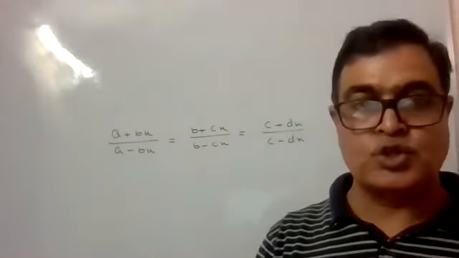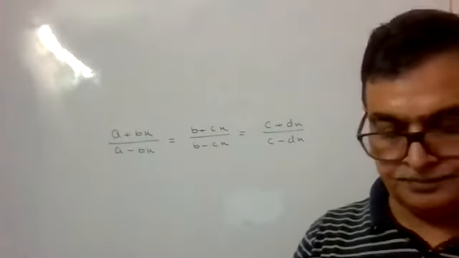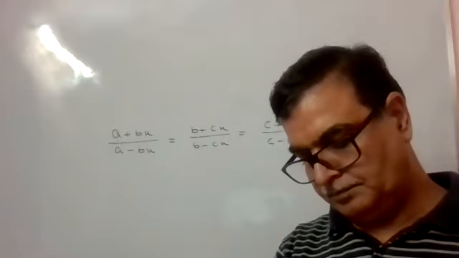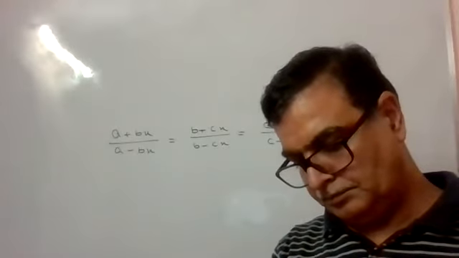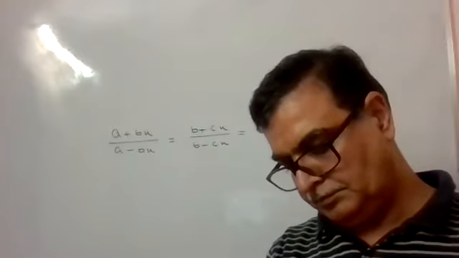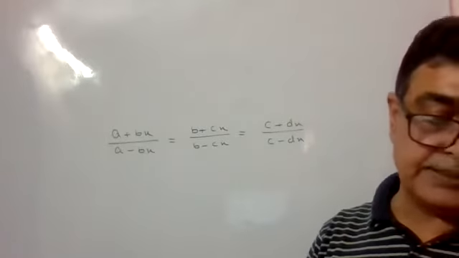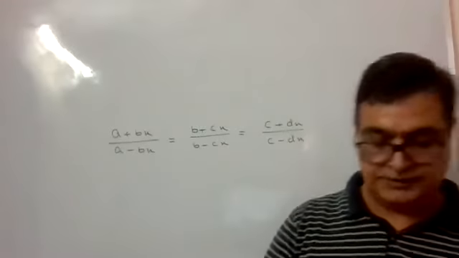Question is, show that A, B, C, D are in GP. How to do this?